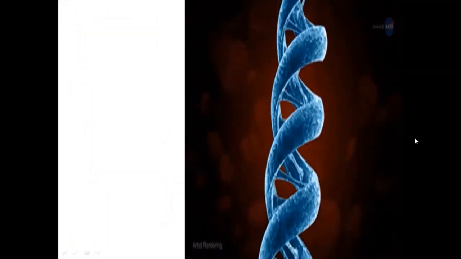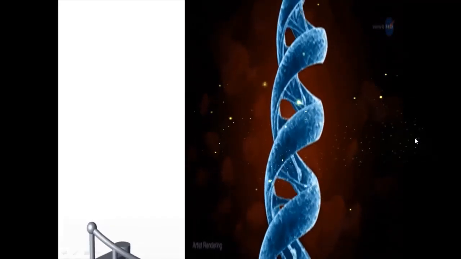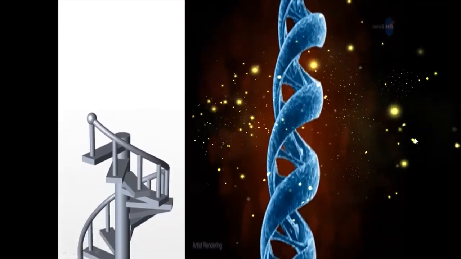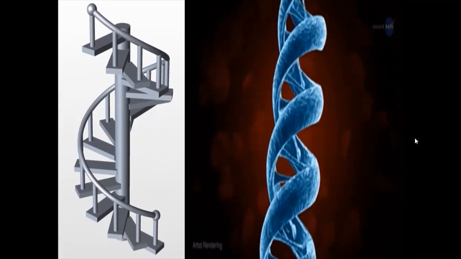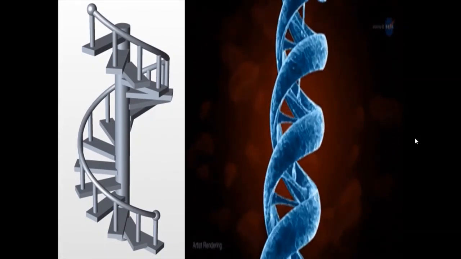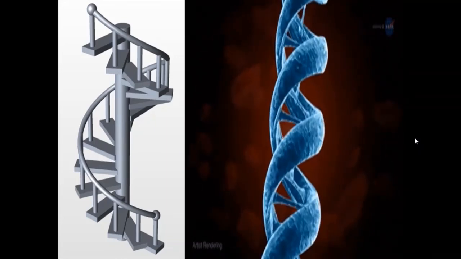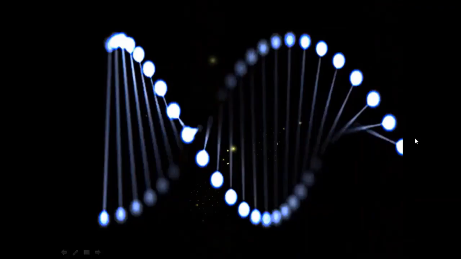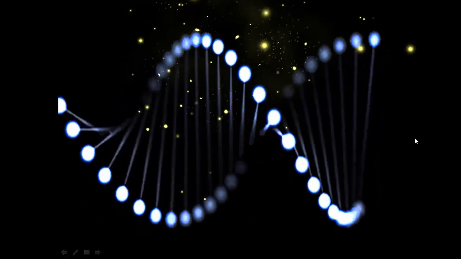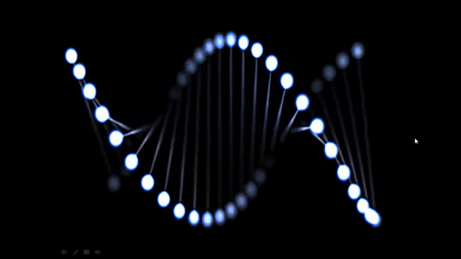The double helix model of the DNA can be compared to a spiral ladder where the side railings are compared to the DNA backbone, while the steps are compared to the paired nitrogenous bases. So to conclude, DNA is vital for all living beings.